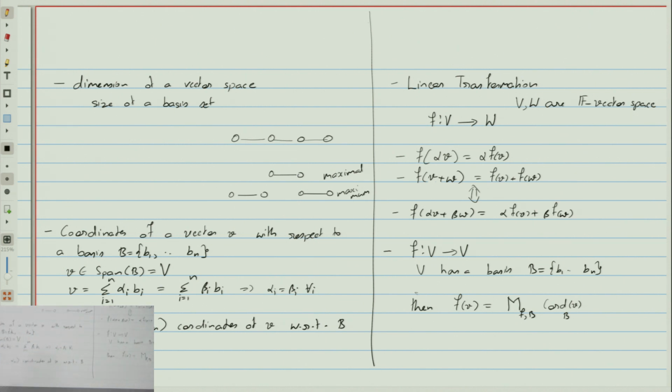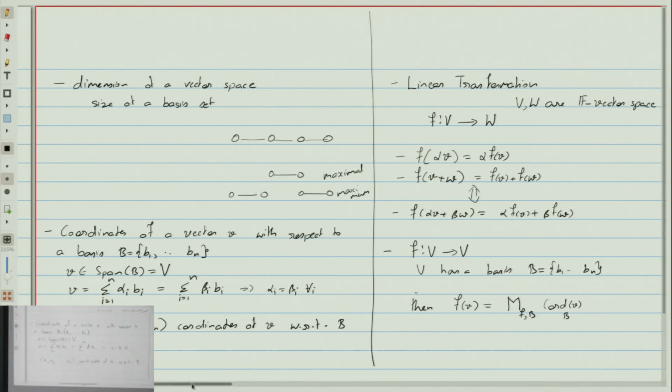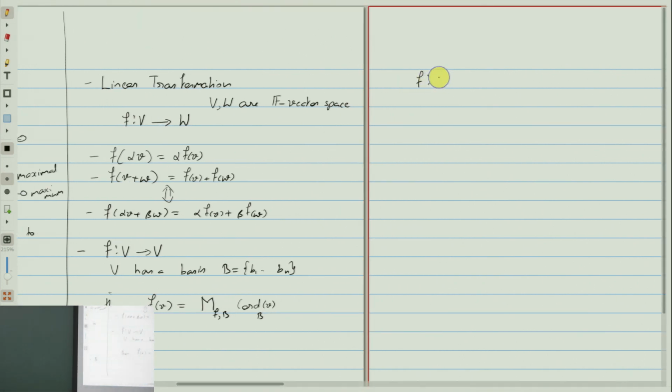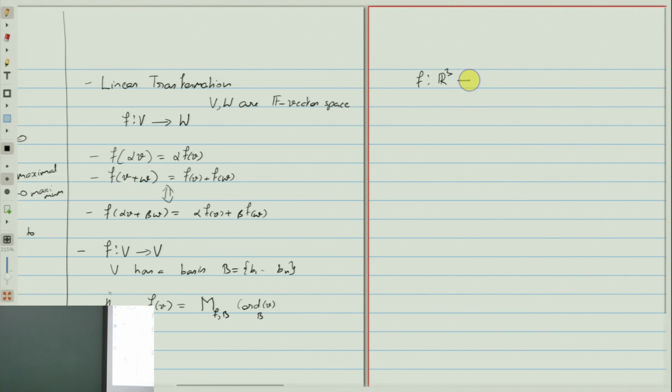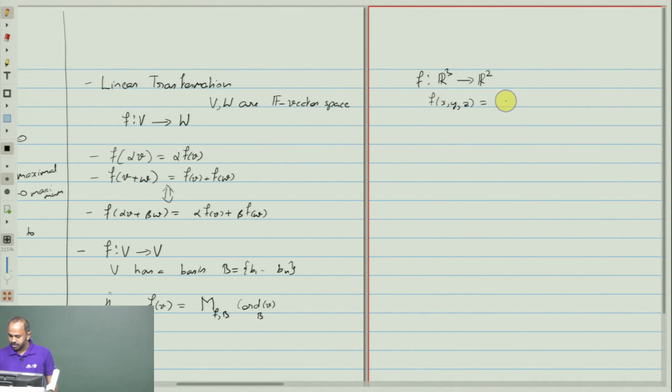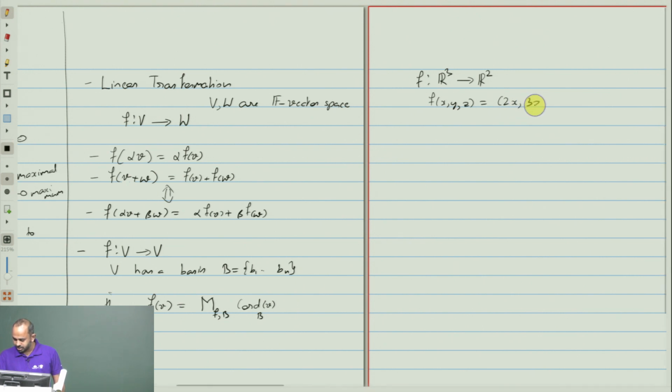I am defining a function from R3 to R2: f of x, y, z equals 2x comma 3z. This is a linear transformation. How do we verify?